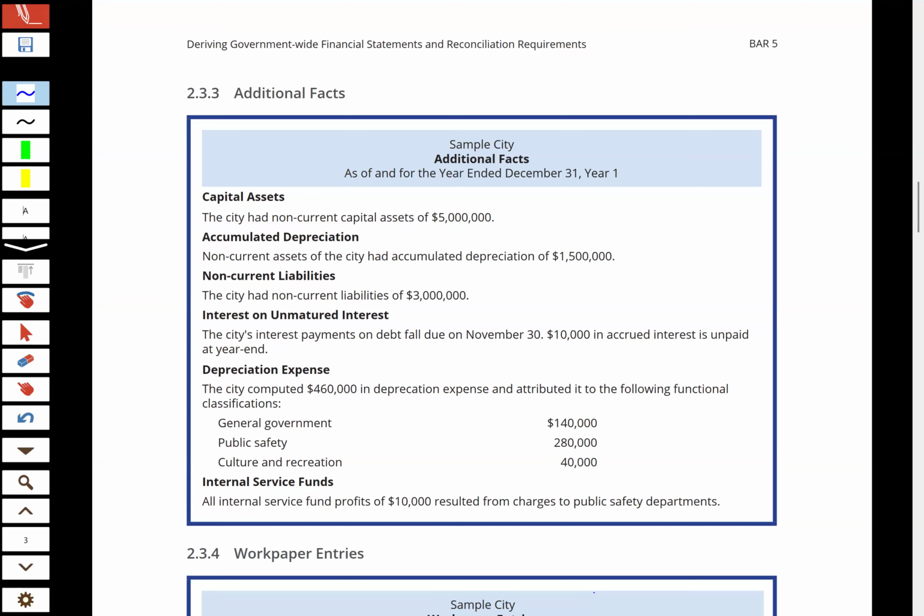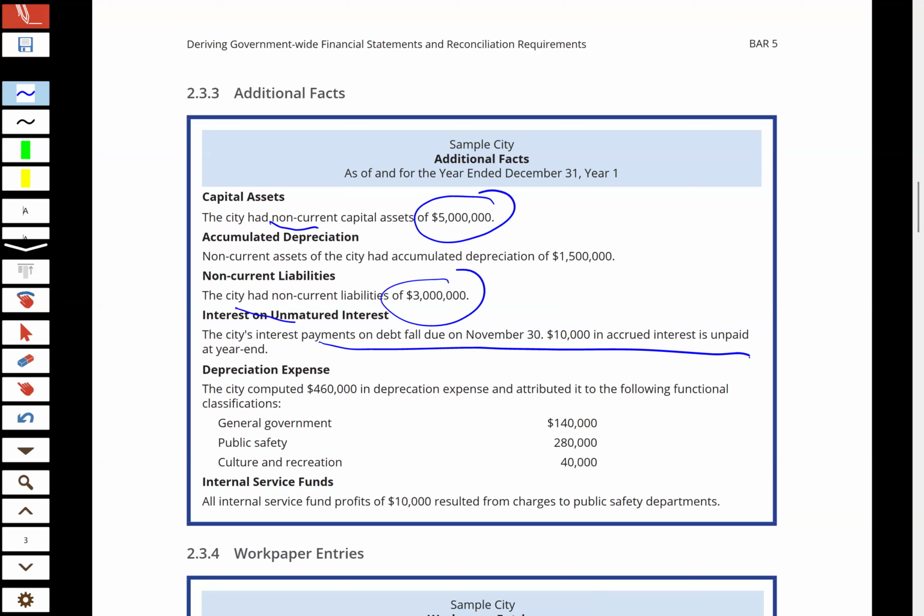But I think that it is useful for our purposes to see how maybe there'd be some records that the county has, that the city has, that would give us some additional information, such as what were the capital assets, the non-capital assets that were on hand at the beginning of the year, any non-current liabilities at the beginning of the year, interest payments that should have been accrued under full accrual accounting that were not under modified accrual accounting.